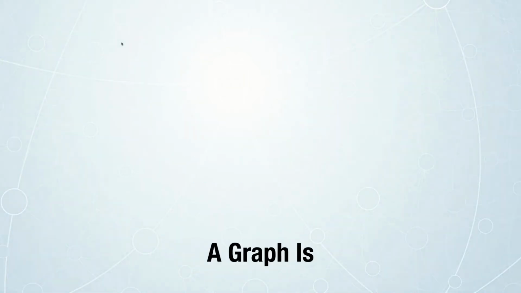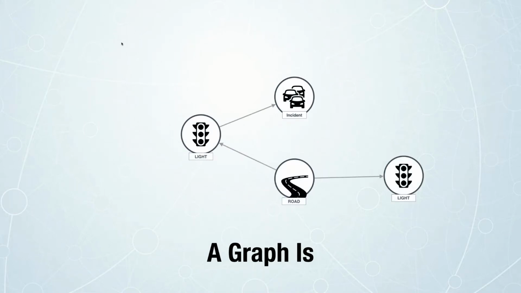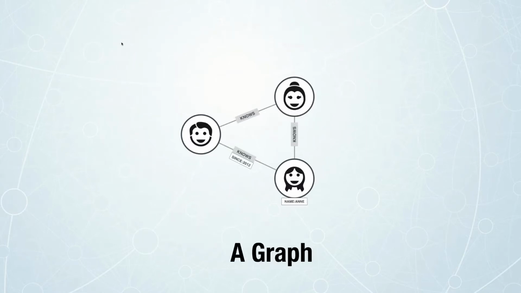It's just a set of data points that are connected to other data points. That can be as simple as a road with information about lights and incidents associated to each light, but it can also be a hotel with information about rooms and availability, or the most popular one, the one that we're all familiar with, social networks, professional networks, people connected to people because they either know each other or because they work with each other.